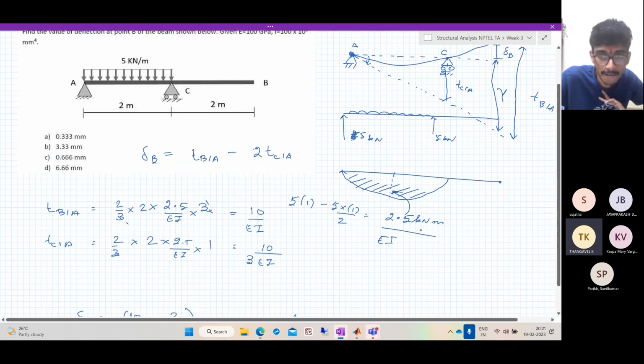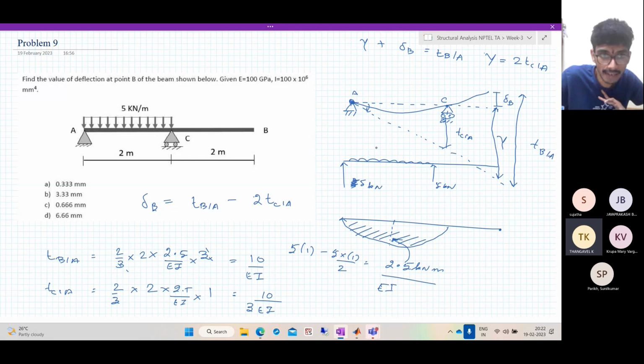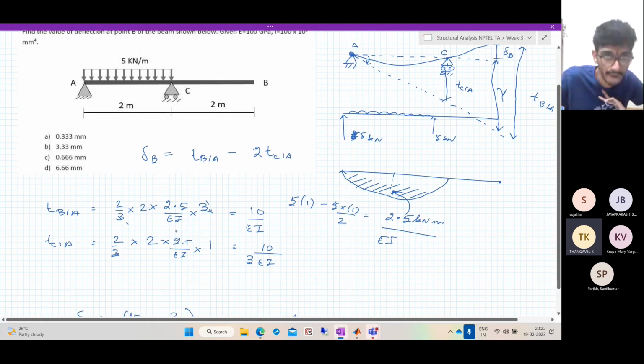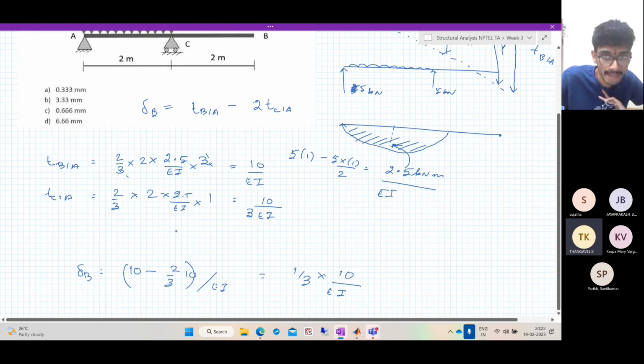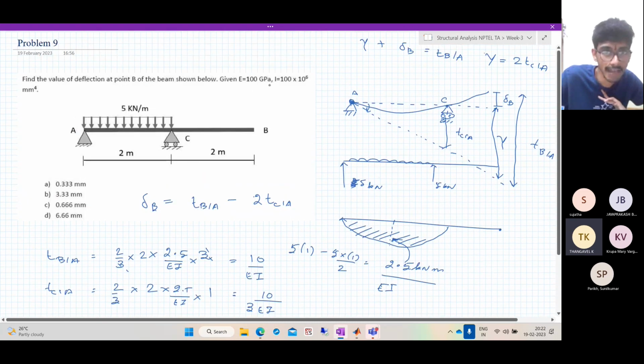Let me check. So this is 5 L square, which is fine. Okay, here the I is different.